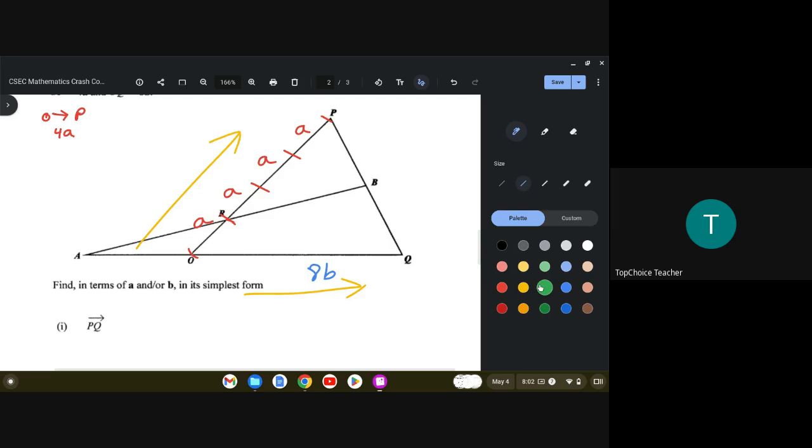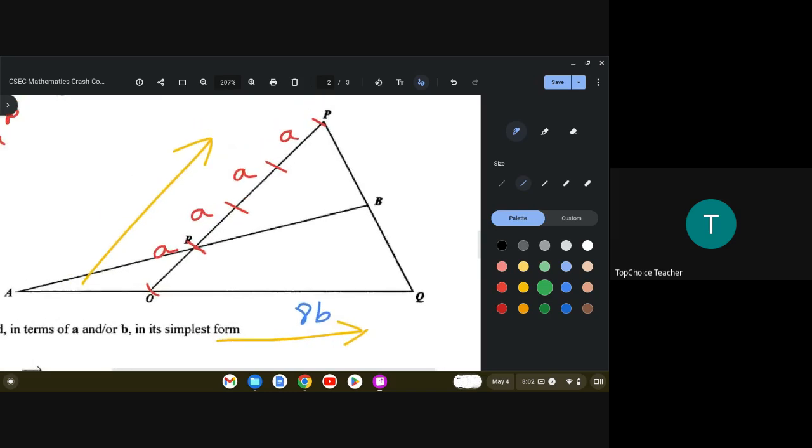So what you do here, because this is very easy, is in a question like this, where we have to find a vector, draw a line to indicate what you're going to do. If you want to go from P to Q, you have to imagine that your pathway here is blocked, so you need to find an alternate route. Wouldn't a good alternate route be going down this direction and going across here?